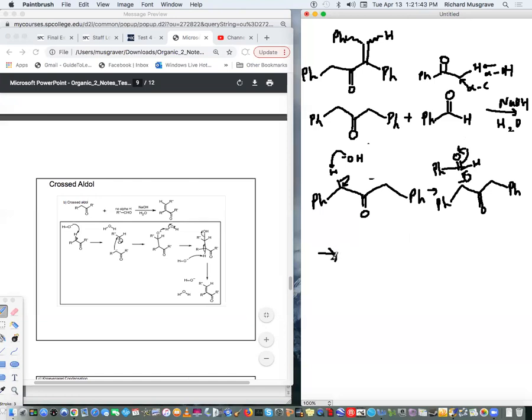If you're going to be scared about anything, be scared about the mechanisms. So the same thing happens here. The O negative takes the H off water.